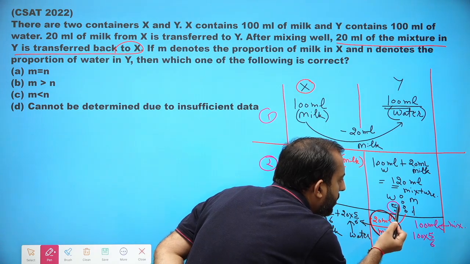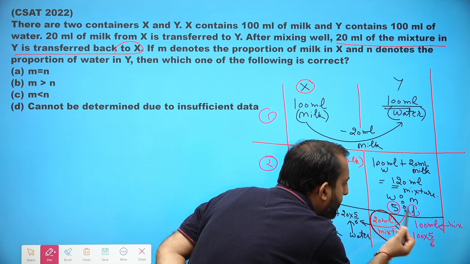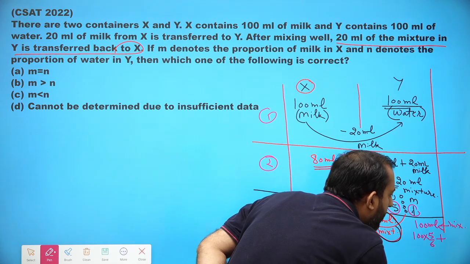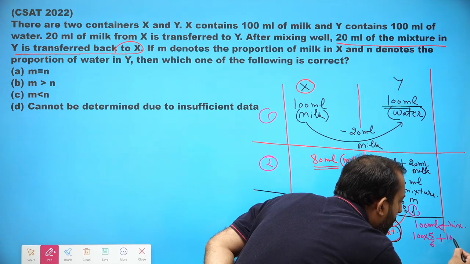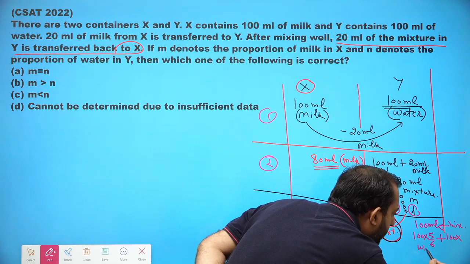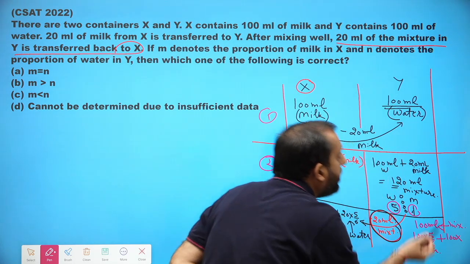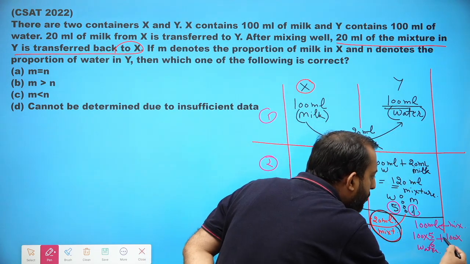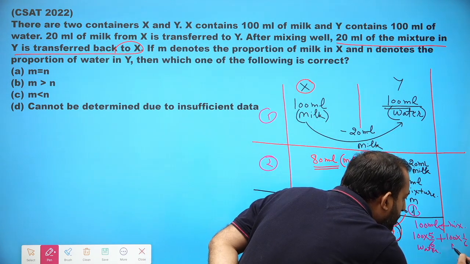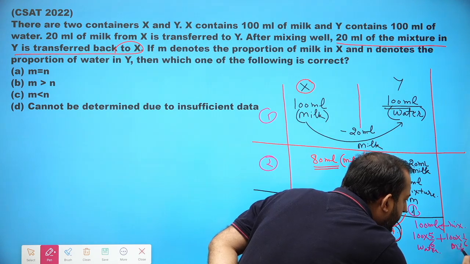Water is 5, milk is 1, total 6. So water finally in container Y is 100 into 5/6, and milk is 100 into 1/6.